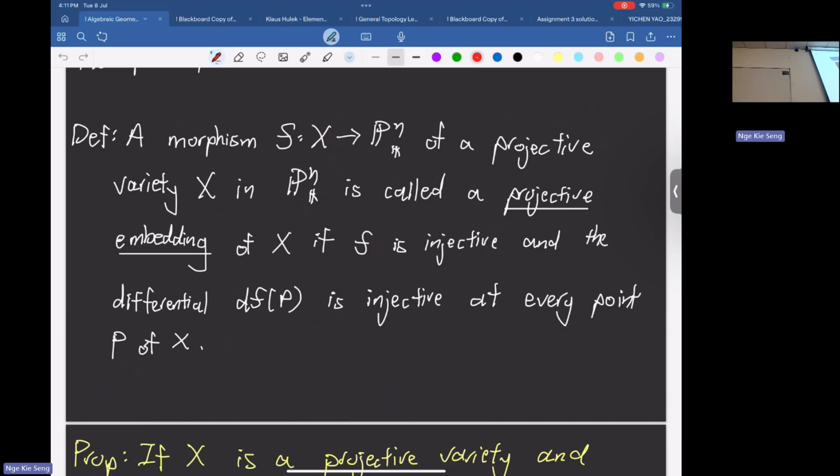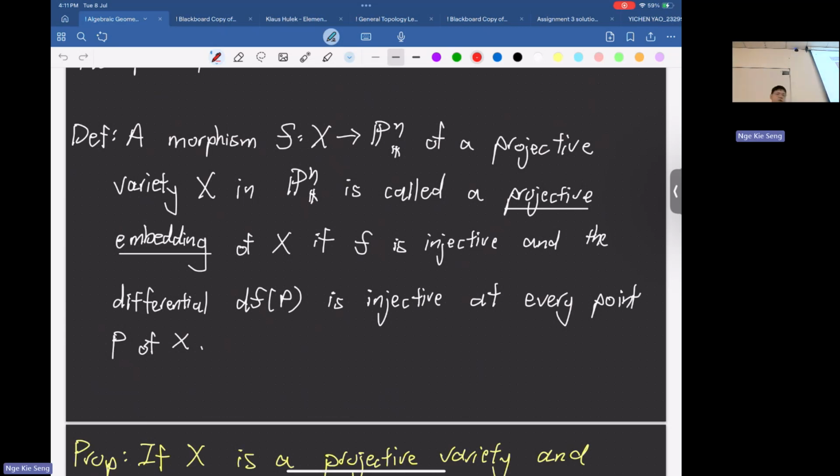If you look around the tangent space around it, it is also injective into the tangent space of this space here. Not just this object itself is injective, but the tangent space of this object is also injective inside the projective space. Okay, so kind of special here.